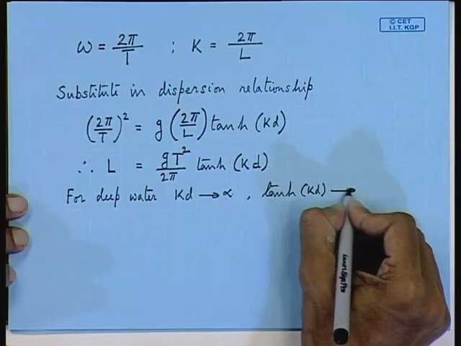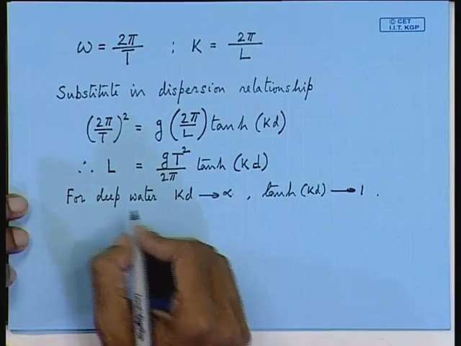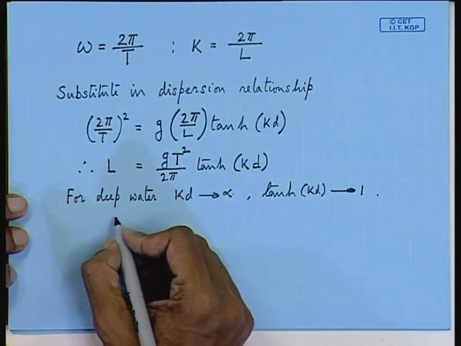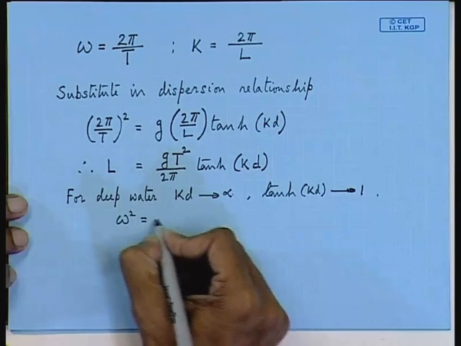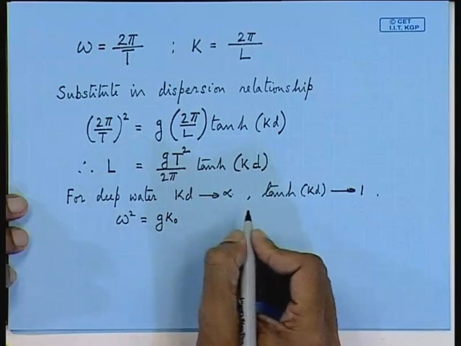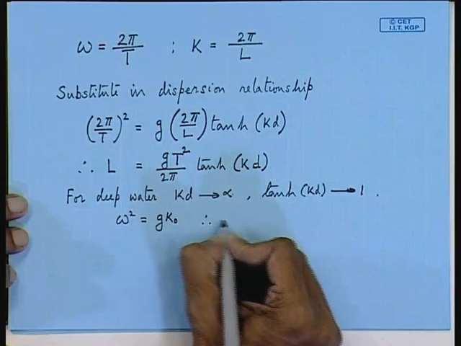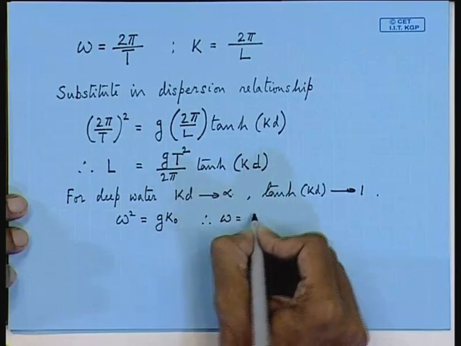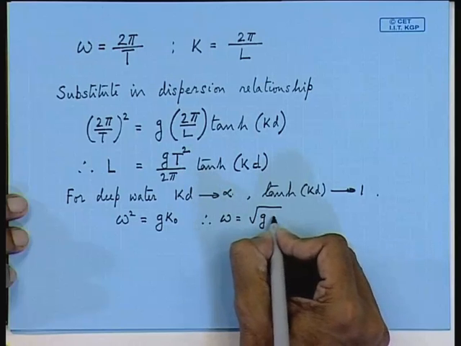So our expression for the dispersion of the frequency will be omega square equals g multiplied by k naught. You write k naught as in deep water. Therefore we get omega equals root over g k naught.